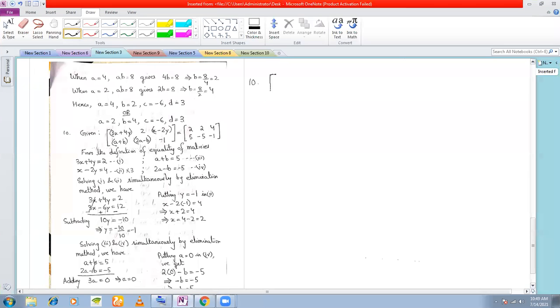It is given to you here that this matrix, 3x plus 4y, 2, and x minus 2y; a plus b, 2a minus b, and minus 1.